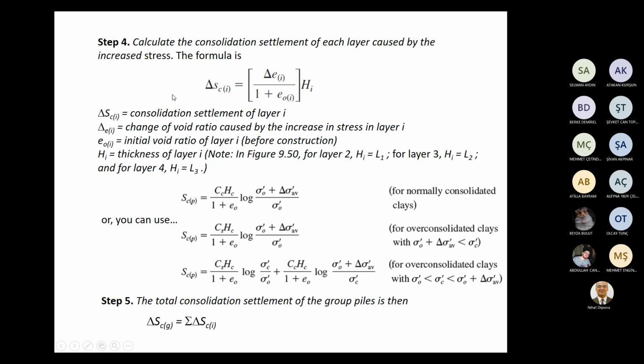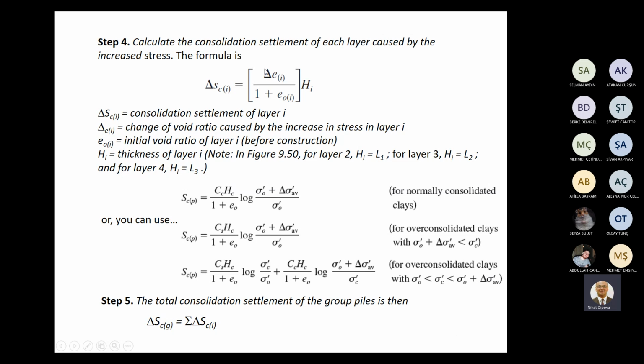The same equation can be practically rewritten by these equations. You are more familiar because you know from soil mechanics course. In soil mechanics course, we use these equations.